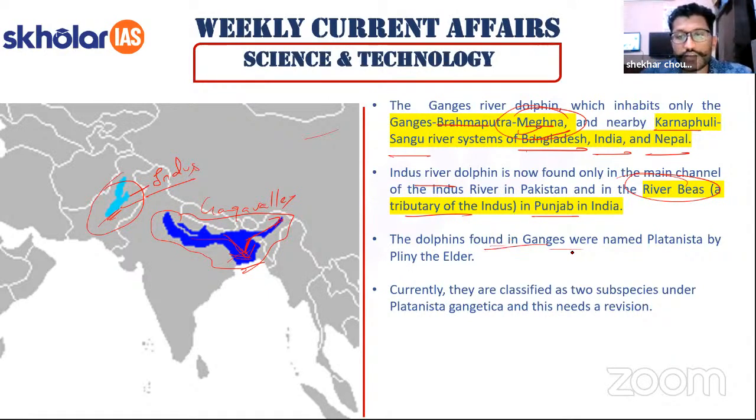The dolphin found in Ganga was named Platanista by Pliny the Elder. This is not very important, but do remember the Platanista name.